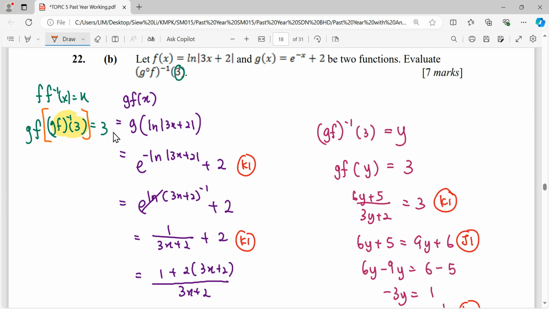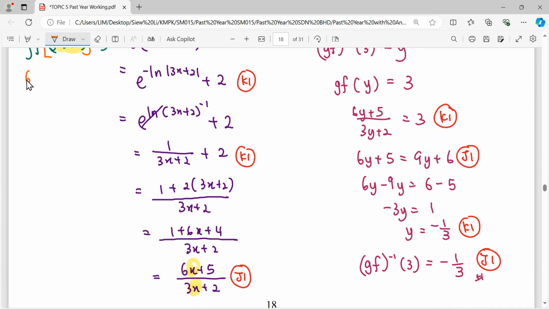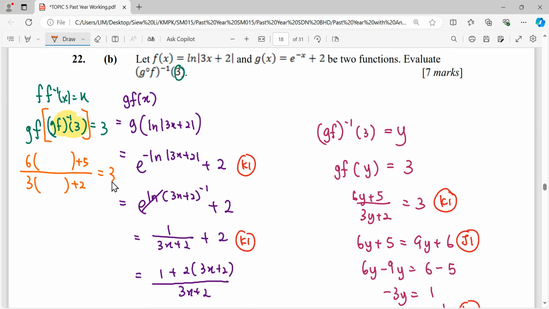So 3 will be equal to 3. So now I substitute to the place here. It will be 6 with the composite inverse plus 5 over 3 with the composite inverse plus 2 equals to the object, which is 3. So this is our gf inverse 3.